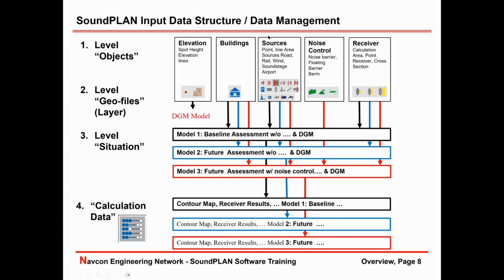And by combining the different objects into these different layers, so here we have the black, blue, and red lines, these could be different layers of information, we can organize certain situations. So that's the 3rd level, different situations that are compiled by different geofiles or layers. These situations then can be put into the calculation kernel, and then we run the different predictions of these situations.